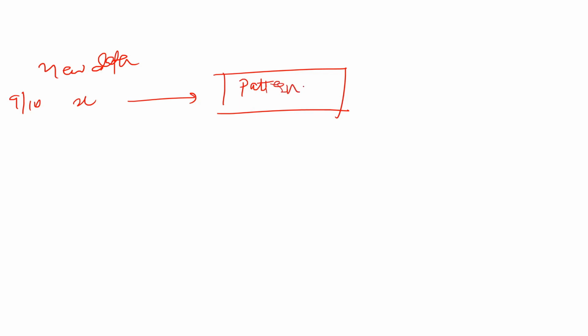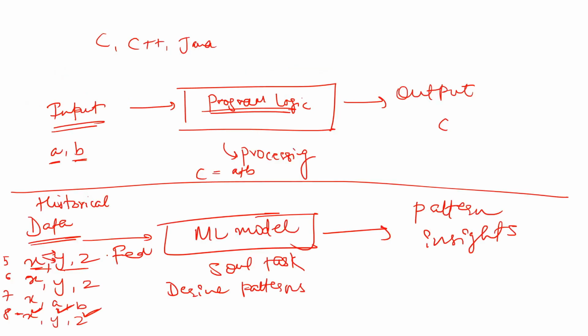Now let's say new data comes to us on 9th of October, and this person is purchasing product X. And now we have our pattern insights. We know that whenever product X is bought, product Y and product Z are bought alongside.